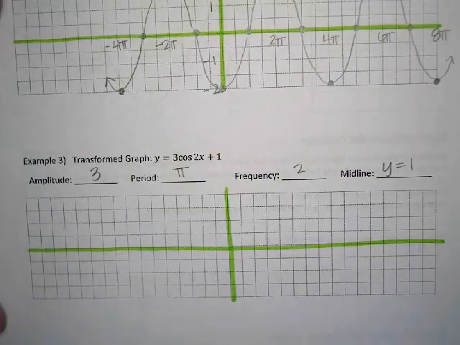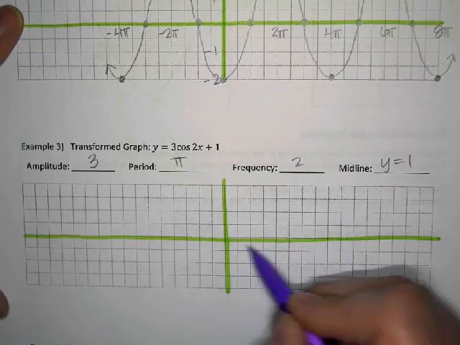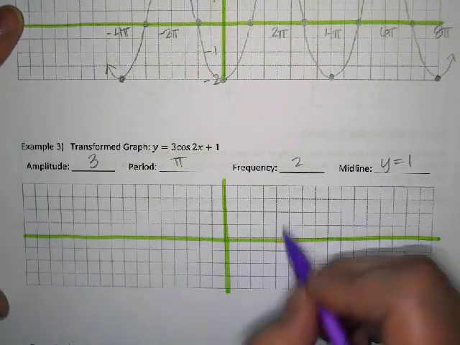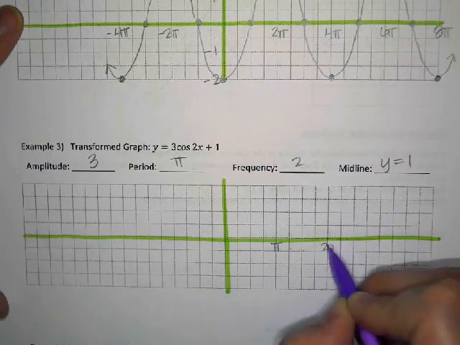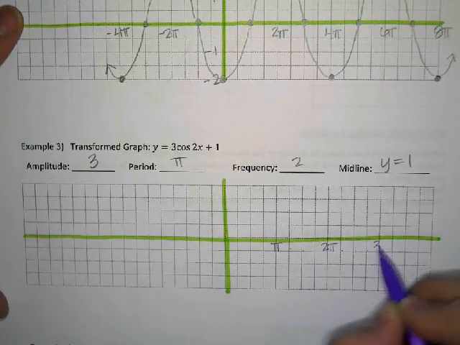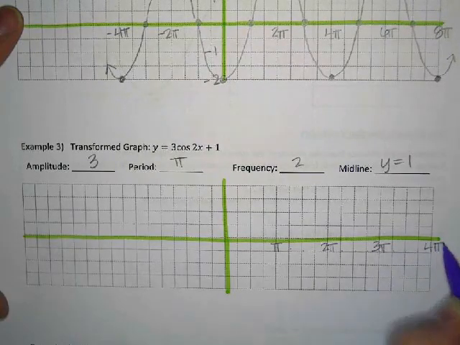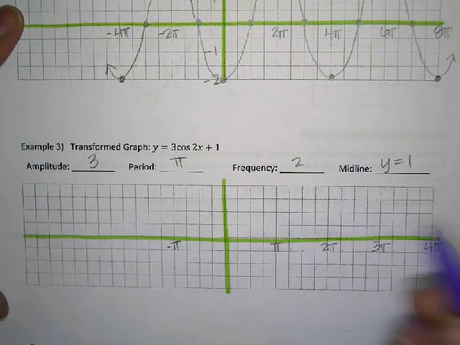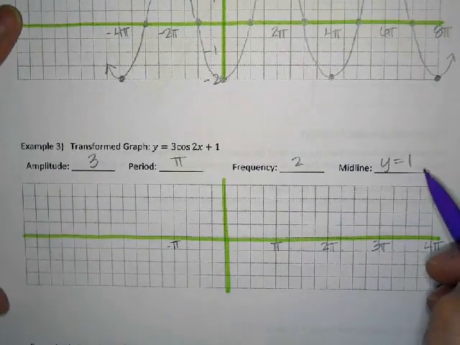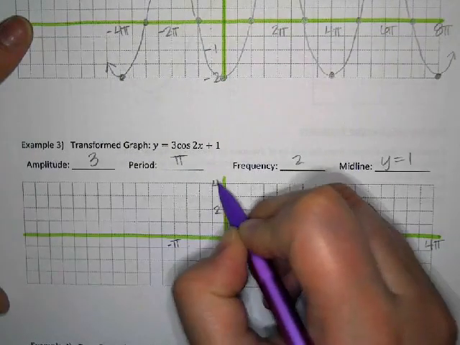All right, so pi, I'll go ahead and do 4 boxes. And then since my midline is at 1 and I have an amplitude of 3, I'm going to go by 1s for the y-axis here.